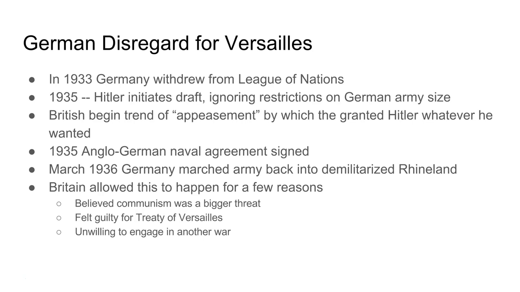What that does is it allows the Germans to build a navy, but it sets a ratio for the size of the German Navy in relation to the size of the British Navy. So that way the British Navy is never really threatened by the German Navy, but it allows some militarization and puts in place the means by which Germany can further build their navy and strengthen it up.